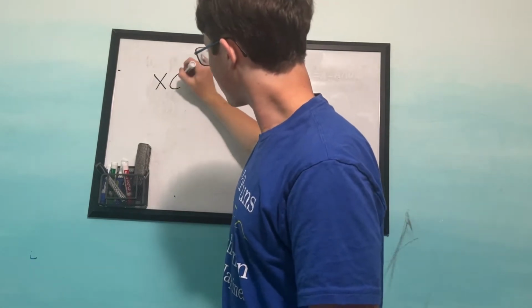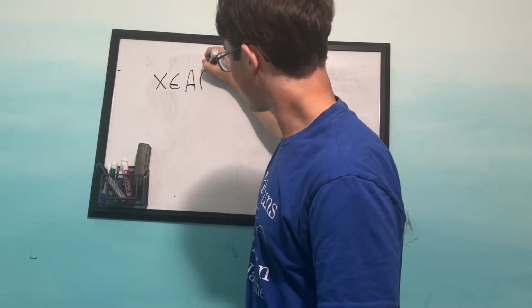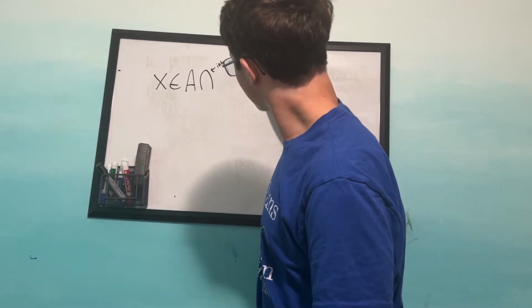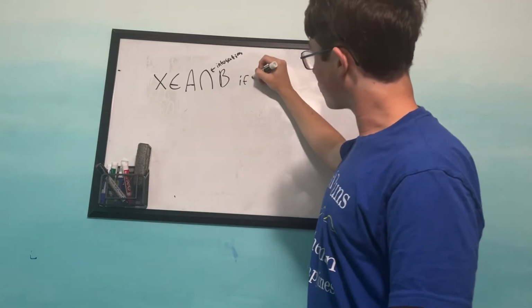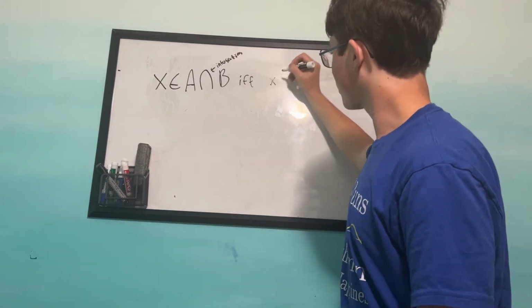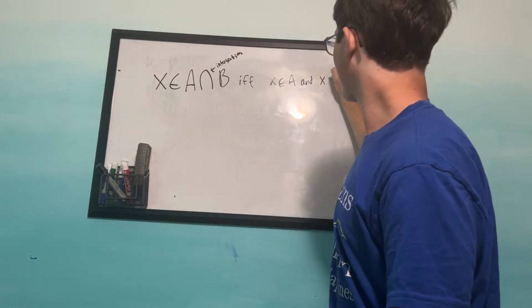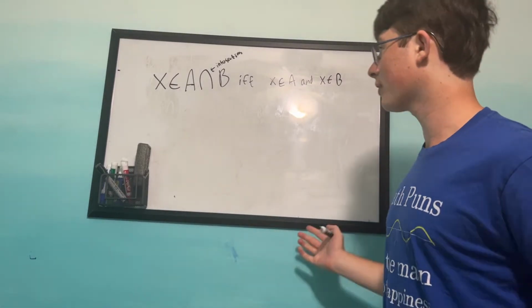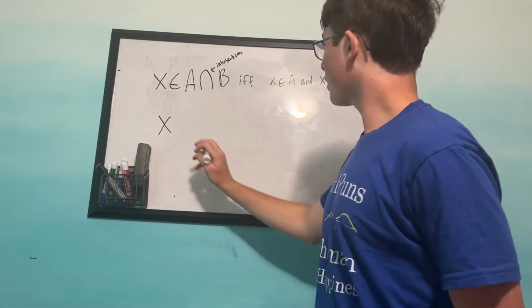So X would only be in the intersection of, which is what this symbol is, intersection of set A and set B if and only if, which is what this means, IFF, if and only if, X is in the set of A and X is in the set of B. So basically it means if it's in A and it's in B, it's going to be in the intersection of A and B.